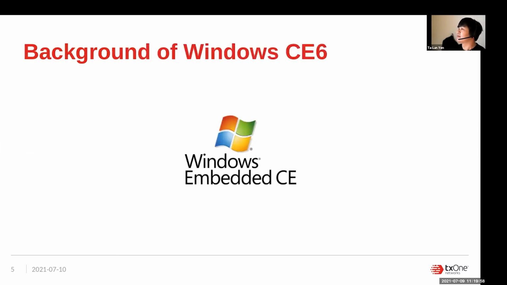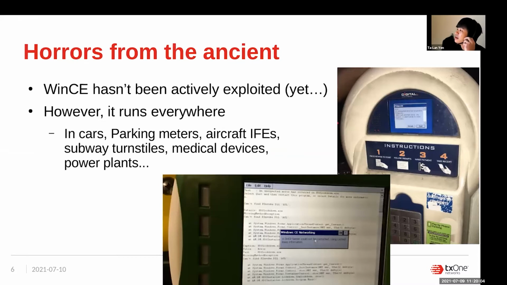Now, let's talk about the background of Windows CE6. Basically, you can say that Windows CE6 is a horror from the ancient. It is a very old operating system still in use everywhere, but it hasn't been actively explored in the field yet.